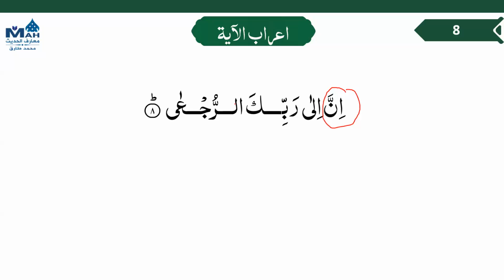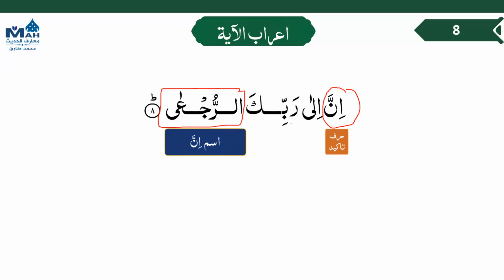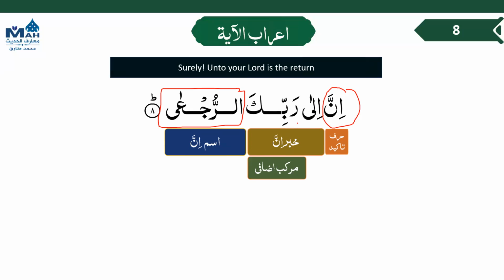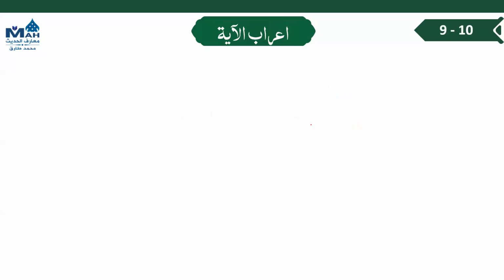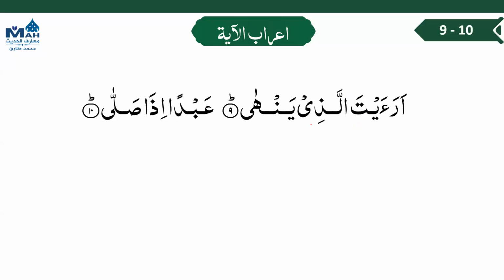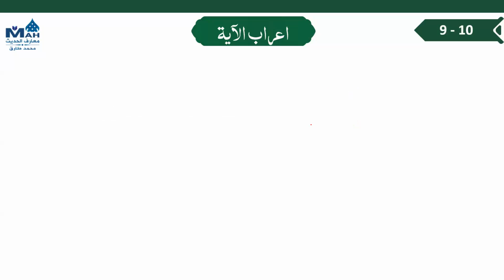Ar-ruj'a. It is masdar, to return. So ila rabbika is khabar muqaddam. Can you translate? Indeed, to your Lord is the return. Very good. From the next ayah, we'll start the next lecture.